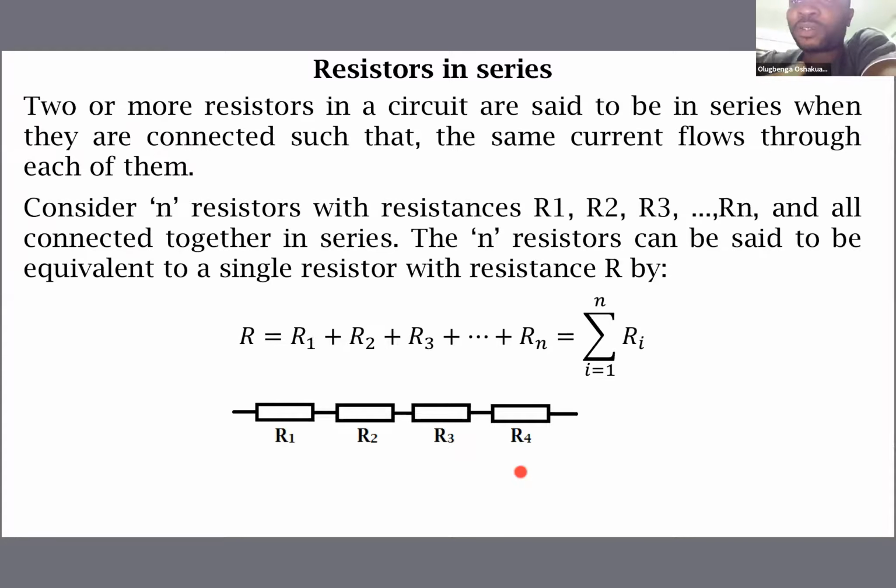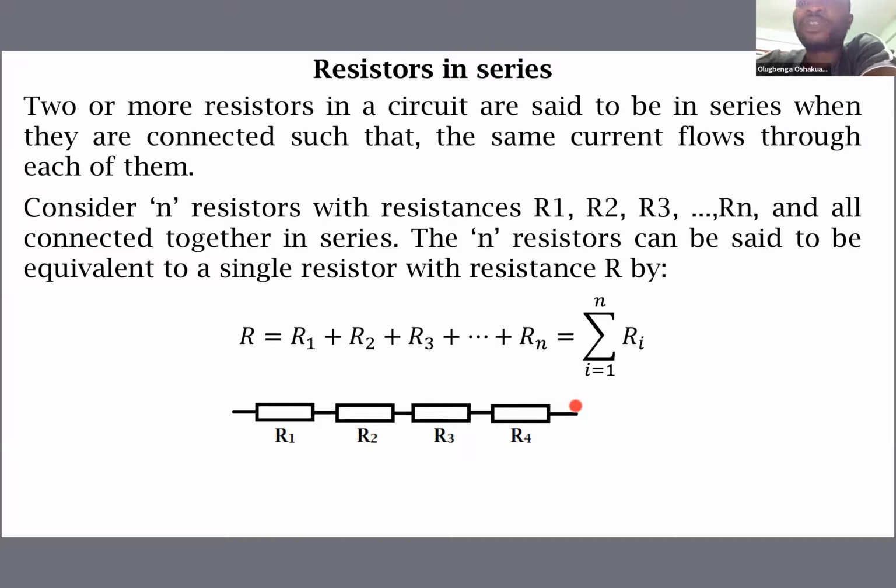So the point to note here is that when resistors are in series, the same current flows through them, and the total resistance R is equal to the sum of the individual resistances. So when we have 4 resistors here, the total resistance will be R1 + R2 + R3 + R4. Let's say each of them is 1 ohm.